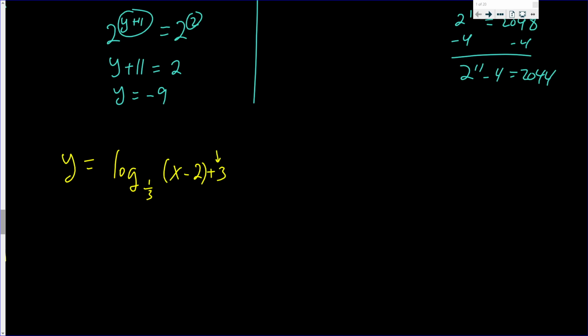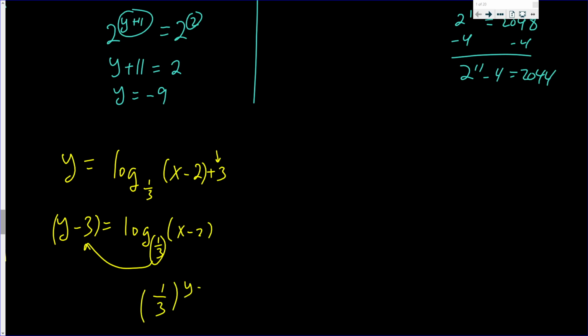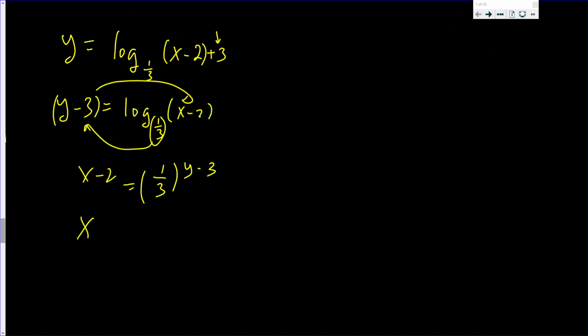So y minus 3 is log of x minus 2. So 1/3 to that power is equal to x minus 2. Bring the 2 over to the other side, and we have x is equal to 1/3 to the y minus 3, plus 2. And we graph this exponential function.